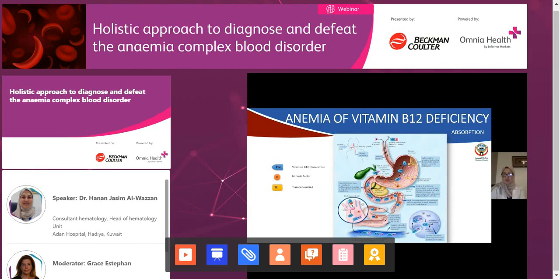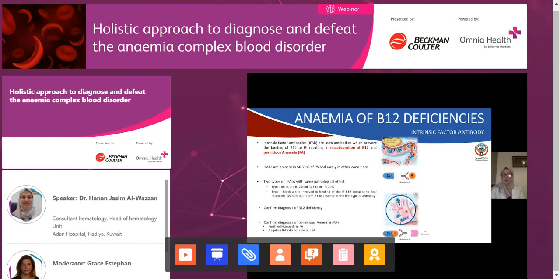It is combined with the transport protein intrinsic factor, produced by the gastric parietal cells, for transporting the B12 through the stomach and the intestine, and is absorbed in the ileum, where the B12 intrinsic factor receptors are, and is transported in the bloodstream through transcobalamin 1, 2, and 3.